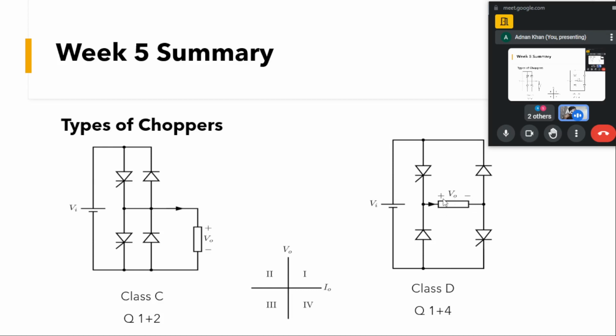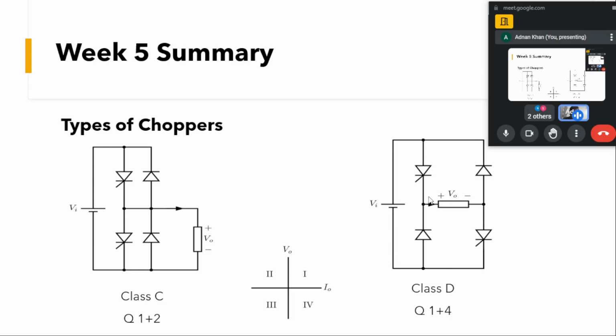The load voltage can become positive or negative, but you can see the current direction is only in one direction. Let us say, when the current is positive, it is able to conduct through these controllable devices here.